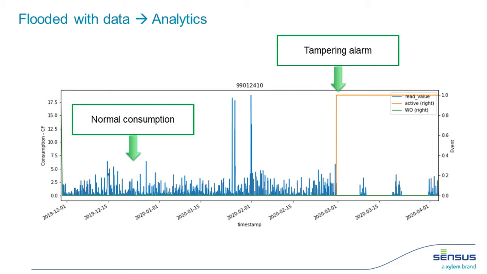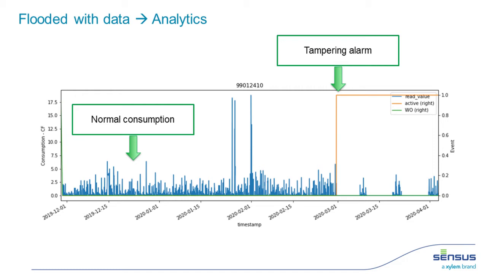What this graph shows is the consumption of one particular customer meter over time, where you see the normal consumption on the left, going right along, and then the utility received a tampering alarm. This particular utility was seeing a bunch of tampering alarms, so they weren't sure which ones were real and which ones weren't.